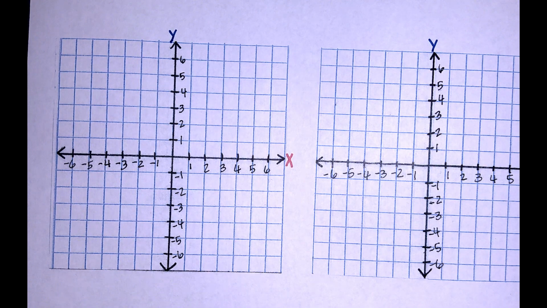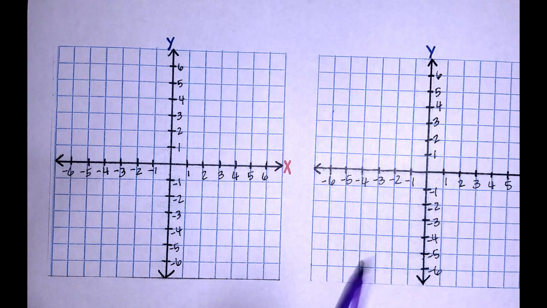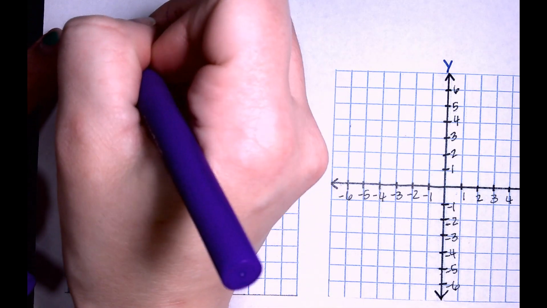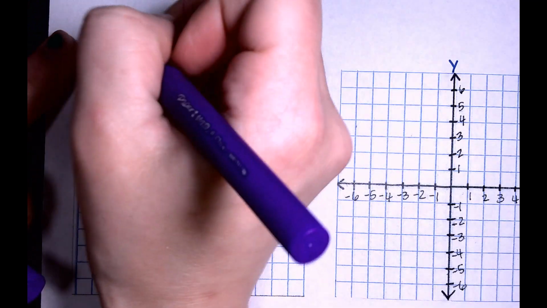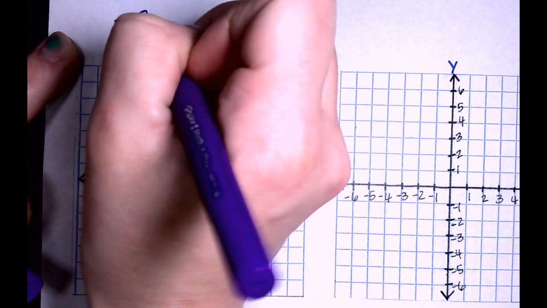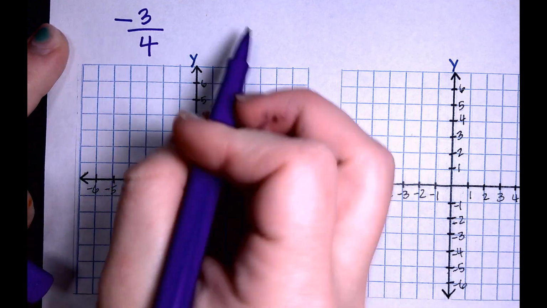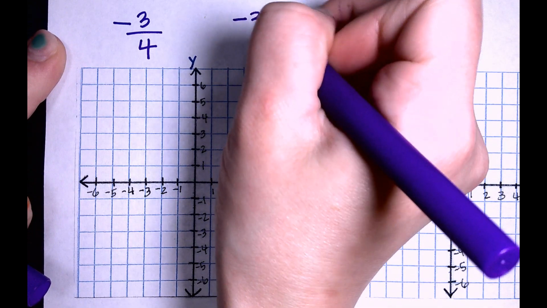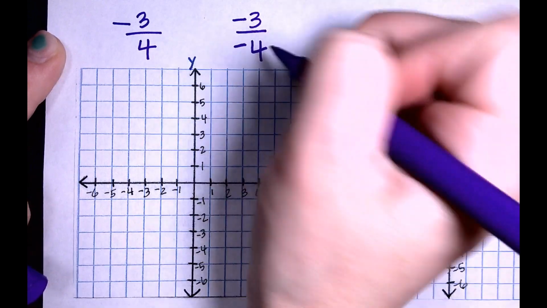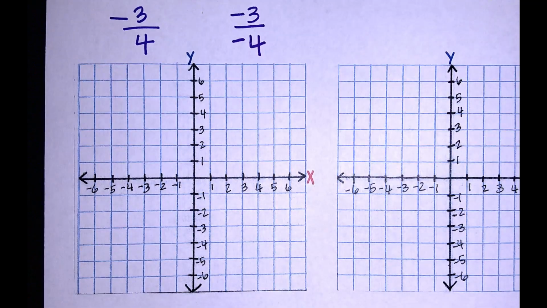Moving this to the side, I'm going to show you something real quick. When we have a negative number on top for our slope, like I'm going to say negative 3 and then positive 4, versus negative 3 or negative 4. Okay.